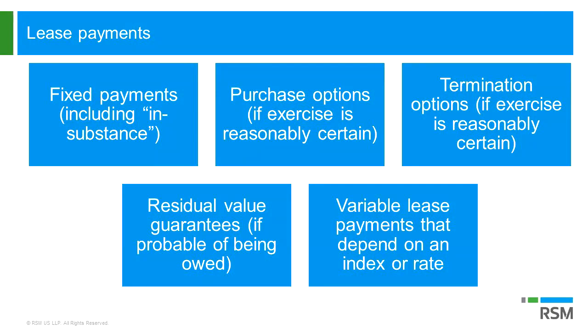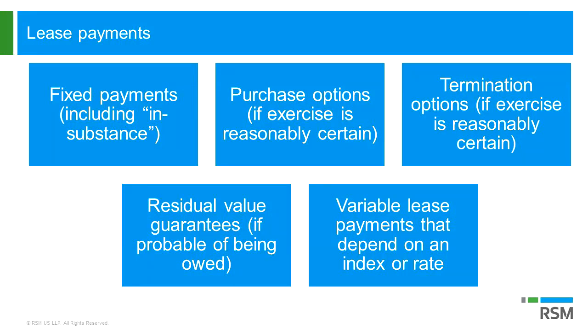You're going to have a minimum lease payment that has to be made, and so you have a fixed payment that needs to be taken into consideration. Variable payments are included in lease payments, but only those that are tied to an index or rate. So we'll discuss that in a little bit more detail, but a common example of that would be a CPI lease that's referenced to a CPI index.